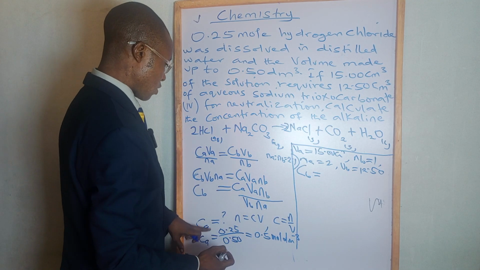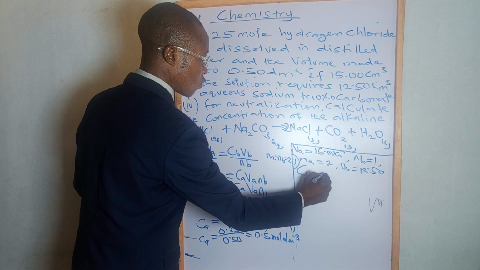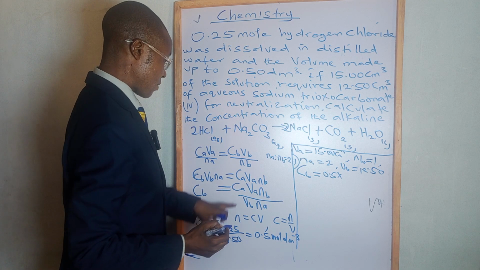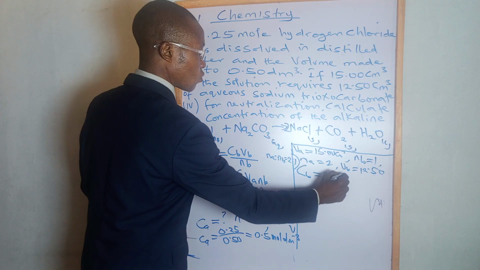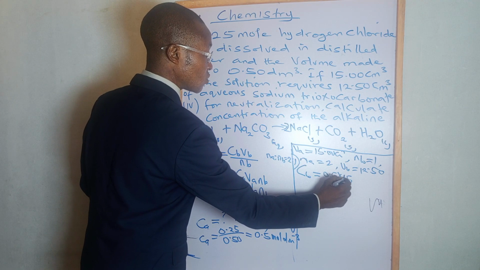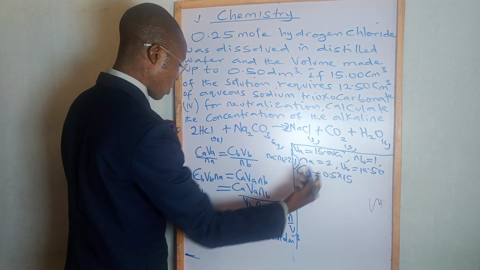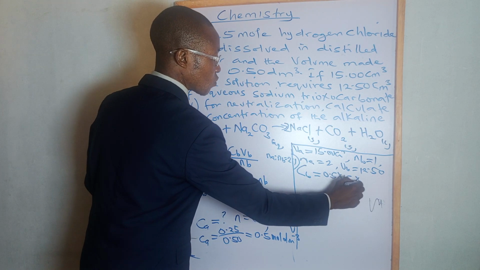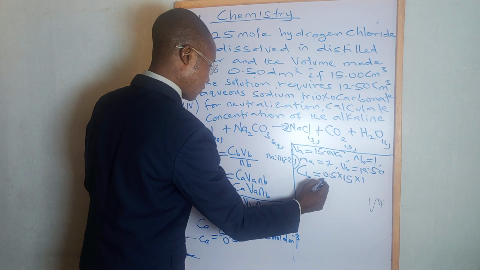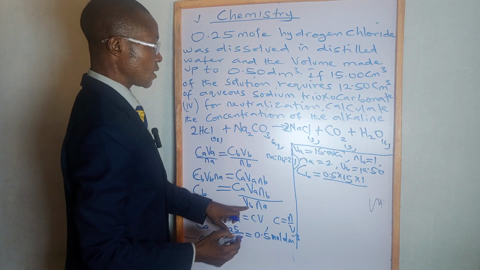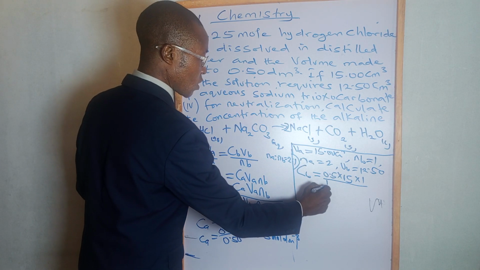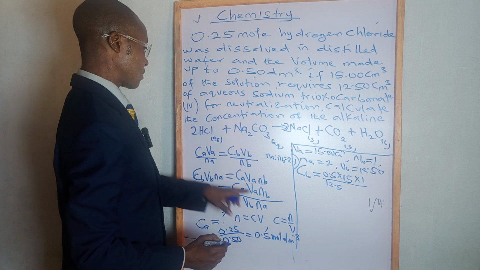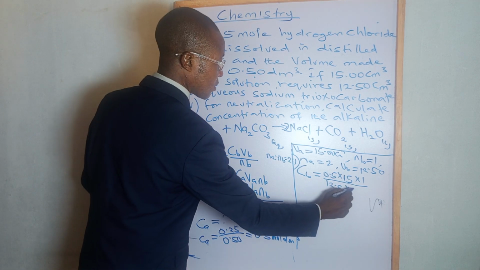Where we have CA, I'll put 0.5, multiplied by VA, which is 15. Remember, you don't need to convert because the centimeter cube will surely cancel centimeter cube. NB will be 1. Everything divided by VB, the volume of the base, that is 12.5, and the mole ratio of the acid, that is 2.